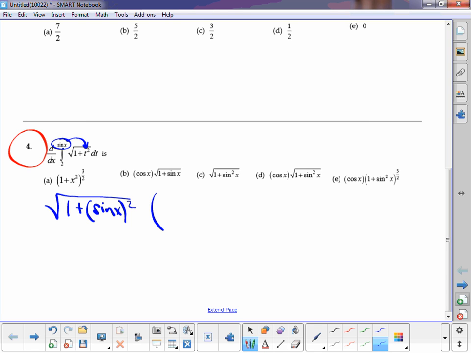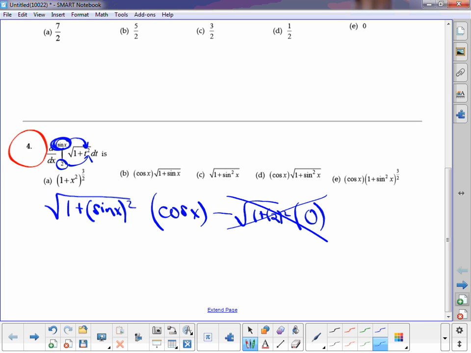Good, multiply by the derivative of that function. Derivative of sine is cosine. Now, if I were to take 2 and substitute that in, I would have square root of 1 plus 2 squared. But what's the derivative of 2? 0, which is why that whole thing cancels out. We don't have to worry about it.